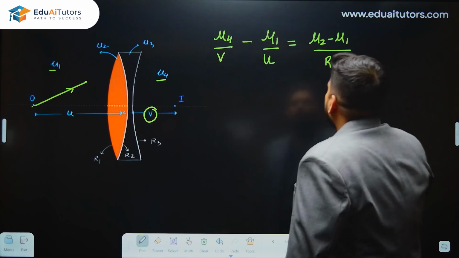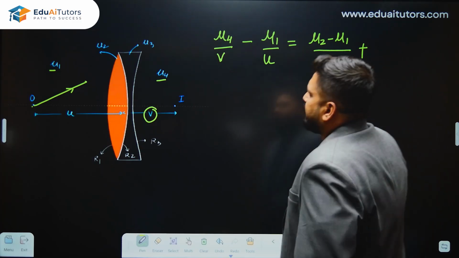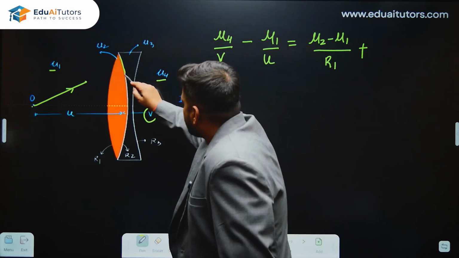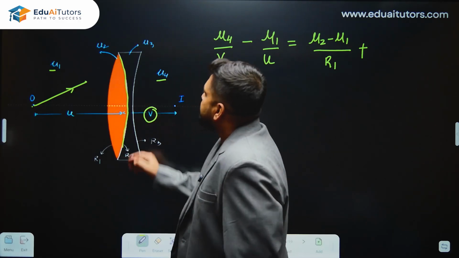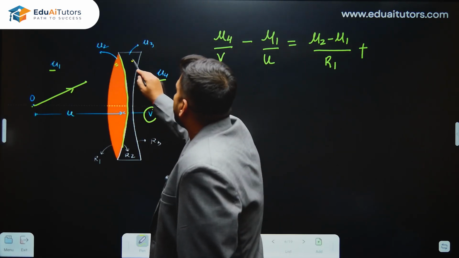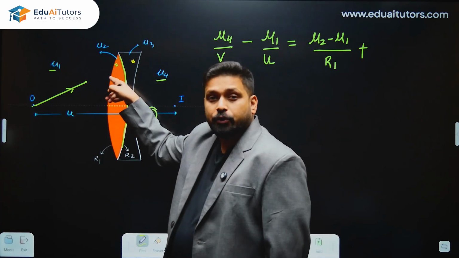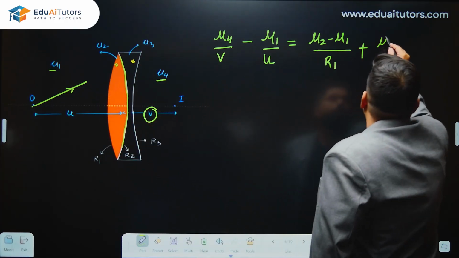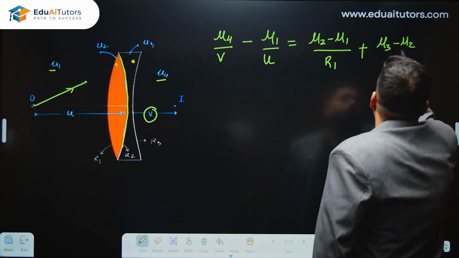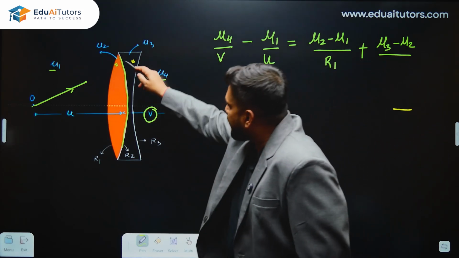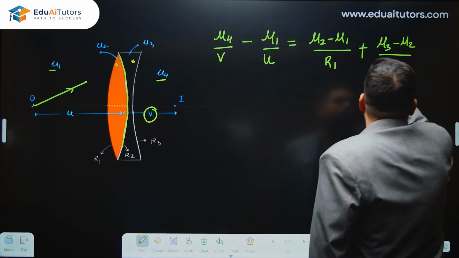All right. Plus the next surface that it enters is this curved surface. Correct? It is entering from mu2 and going to mu3. So it should be mu3 minus mu2. So plus mu3 minus mu2 divided by which radius? Well, R2.